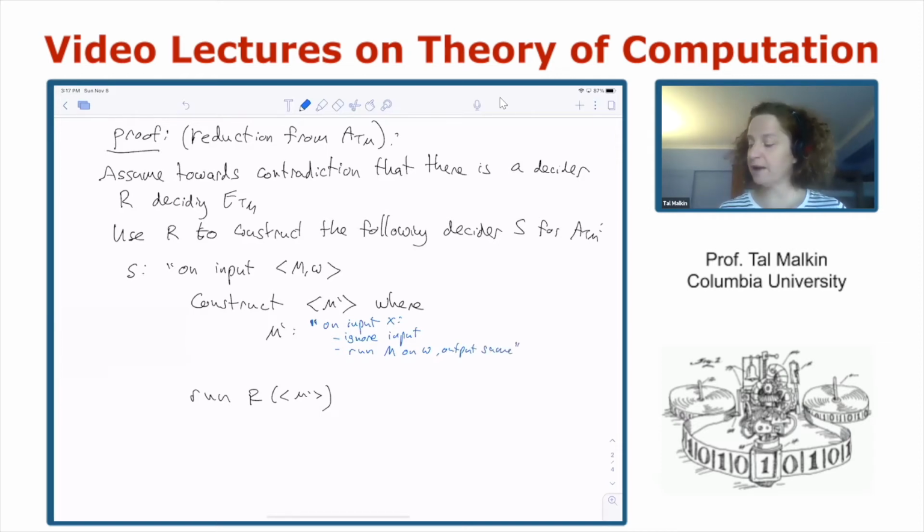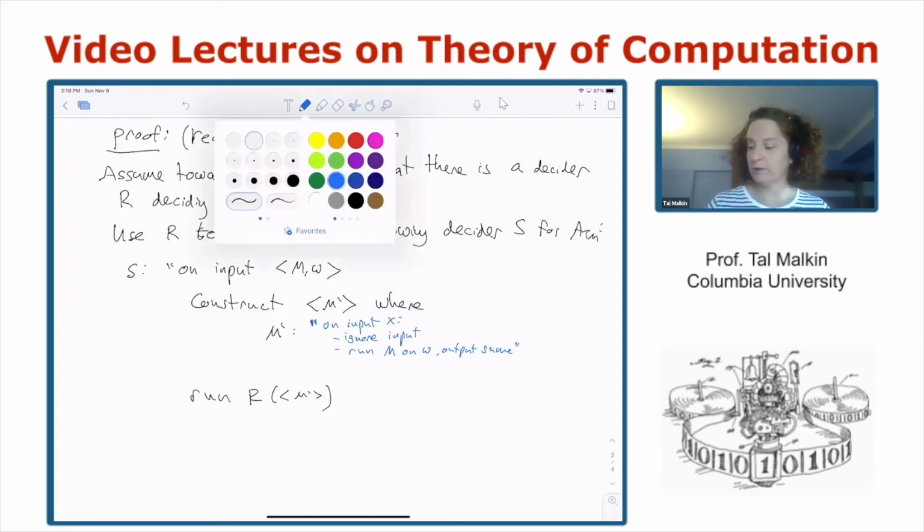So whatever my input is, I ignore the input and just start running M on W. If M accepts, I accept. If M rejects, I reject. And obviously if M loops forever, this program would loop forever.